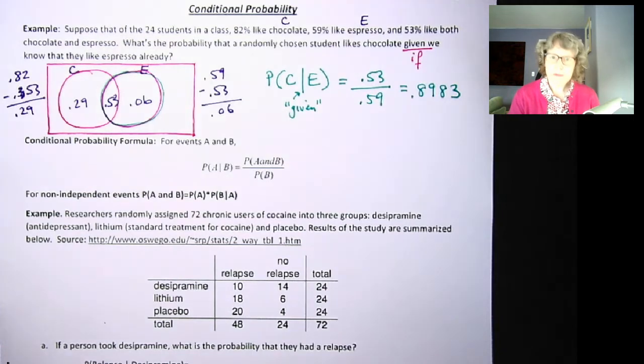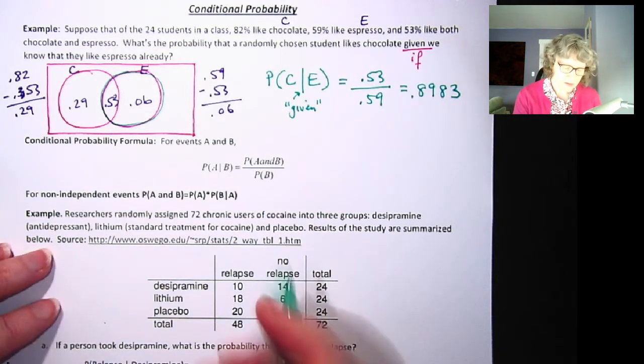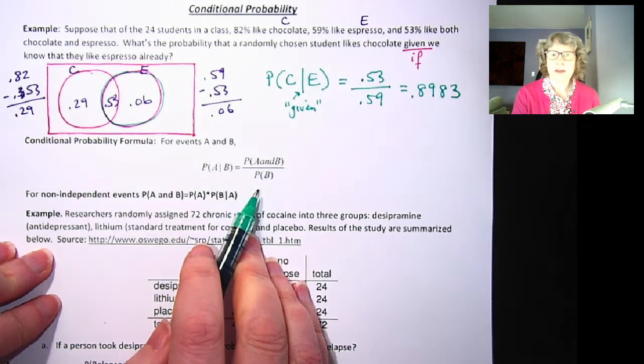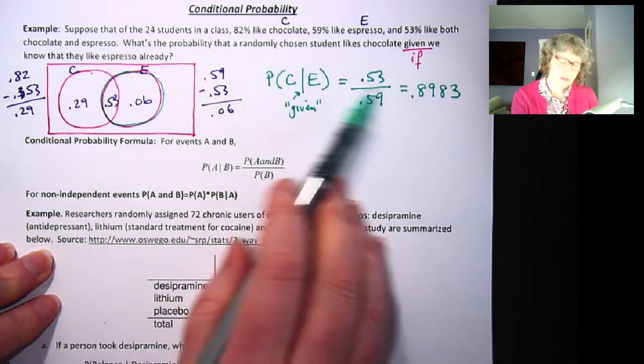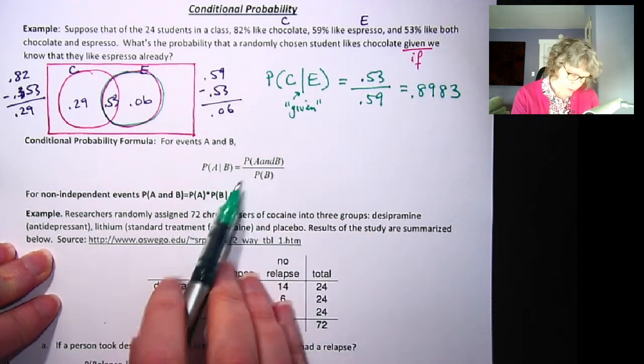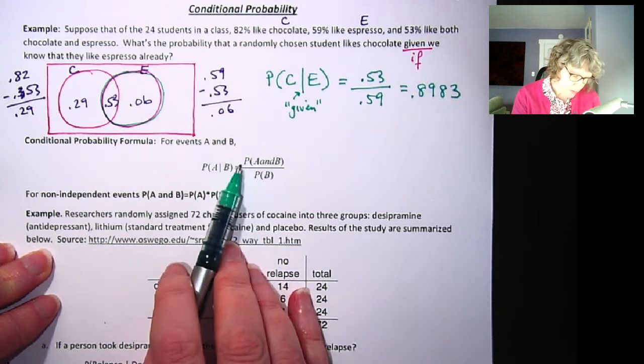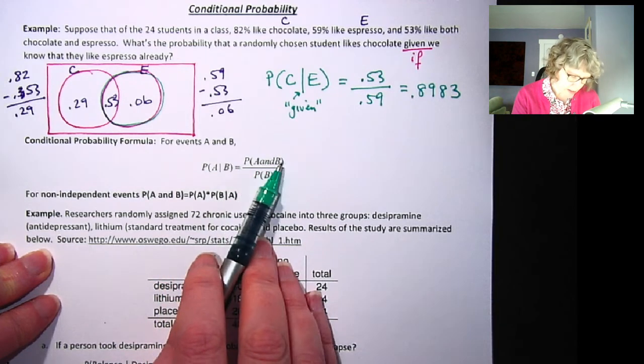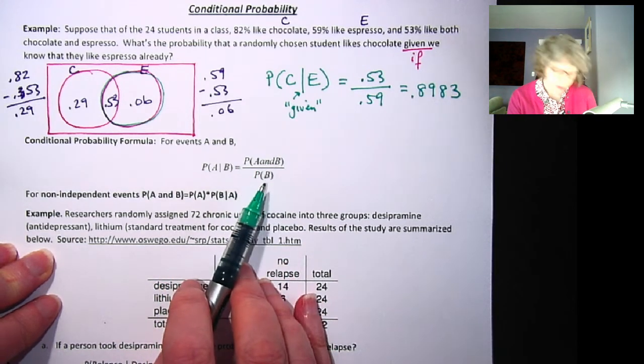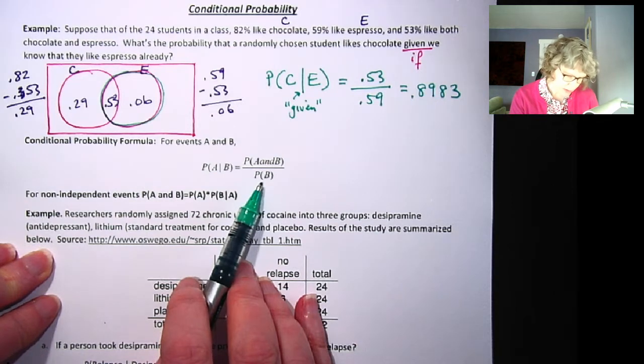Now there is a formula which you're welcome to use. I find a lot of students don't use it because we can do it kind of intuitively like we did with this one. But I want to explain it. Some people like the formulas. The probability of A given B is equal to the probability of A and B divided by the probability of B. Now that's really what we just did.